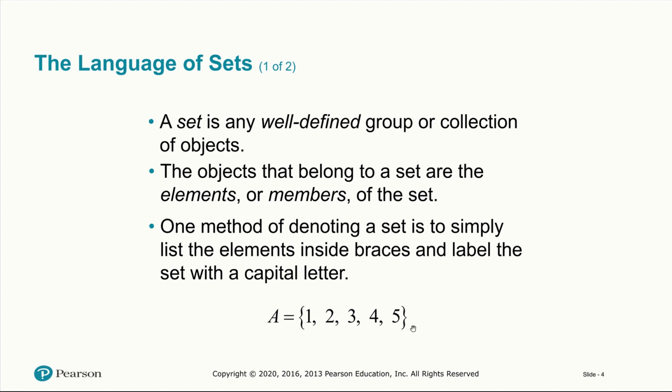Some people call them curly brackets, but the more proper name for them is braces. And we use a label which, by agreement, is a capital letter. We've agreed to use capital letters to prevent confusion. All right, so these are the basics as far as the definition of a set is concerned.